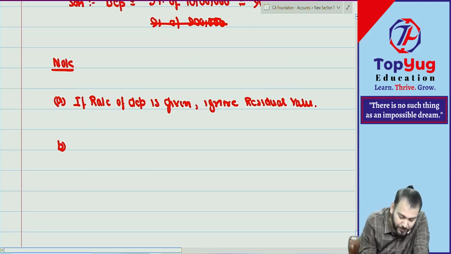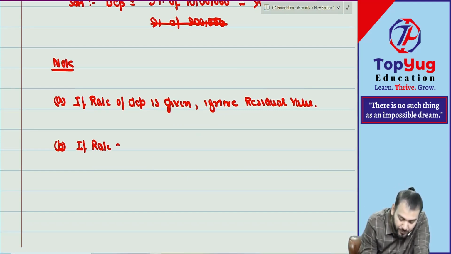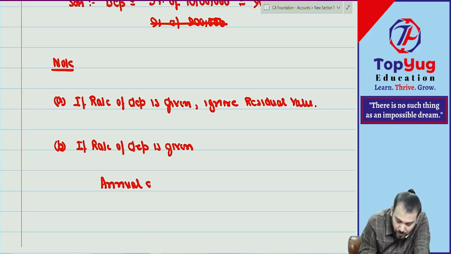Point number B. If rate of depreciation is given, can we say in this way? Annual depreciation is equal to cost into rate of depreciation.